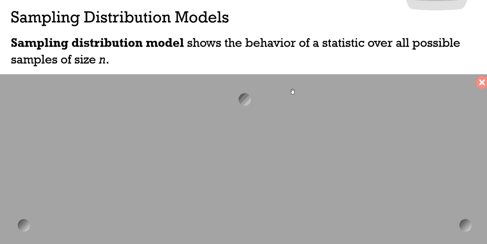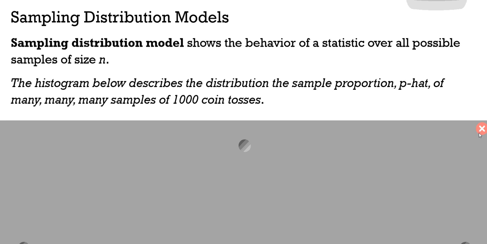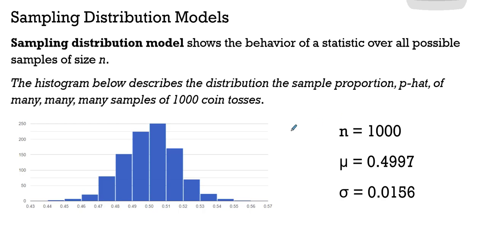We're still going to be talking in terms of probability, but we're talking about the probability of a sample having a particular outcome, not one particular value being drawn from a population. There's a difference, right? So the histogram below shows the sample proportion, which is called p hat.